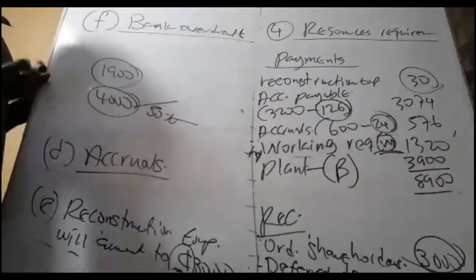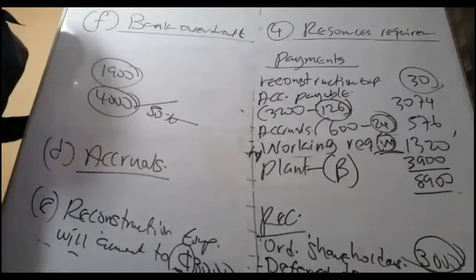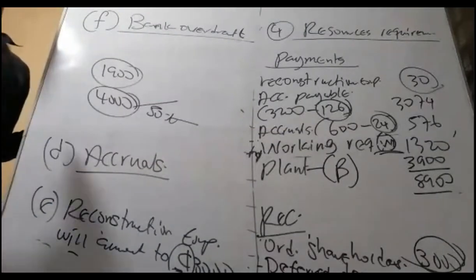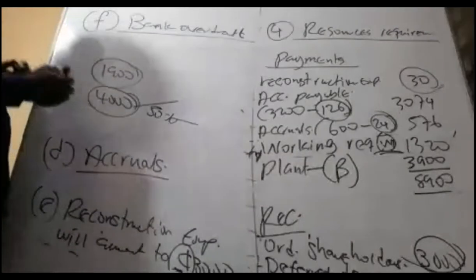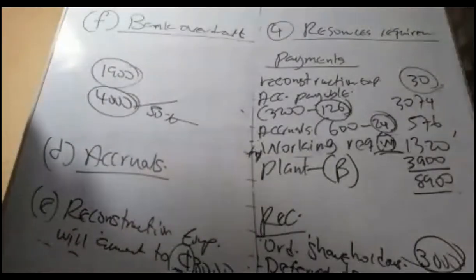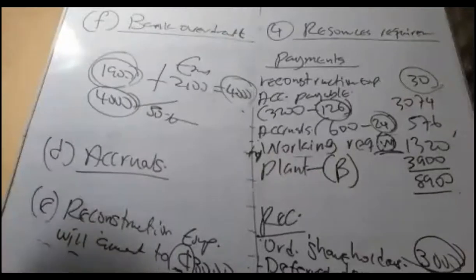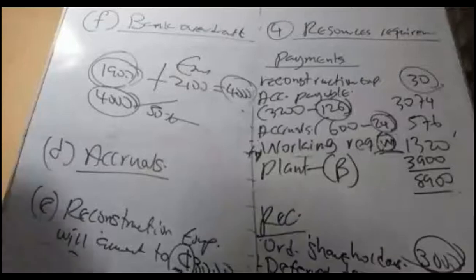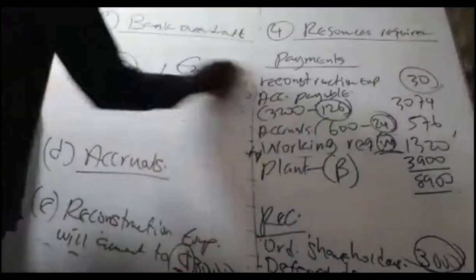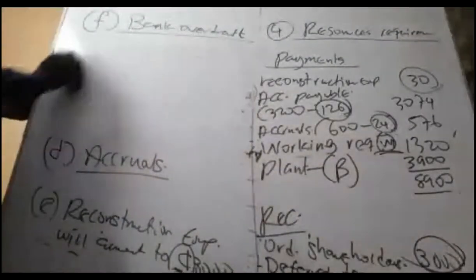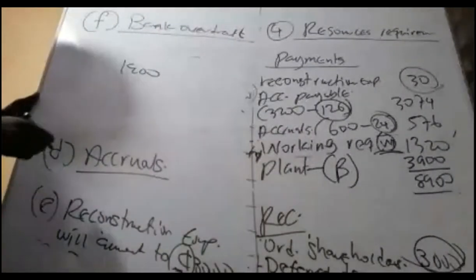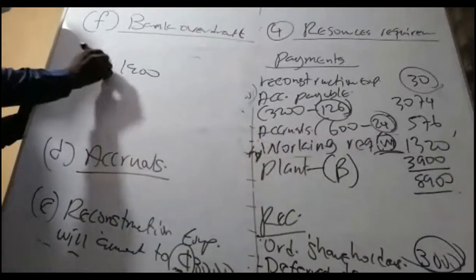Just create any loan note of your choice. 20% loan note, 15% debentures. That's all. Create any long-term liability of your choice. So first, with the overdraft, all you have to tell them is this. First, we went for 1,900 additional.